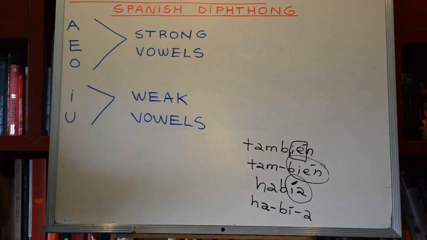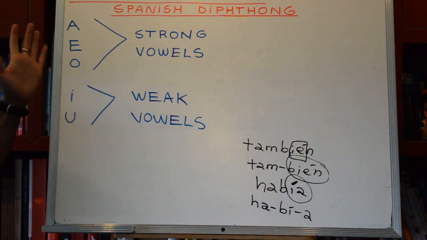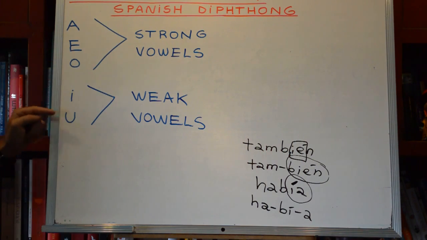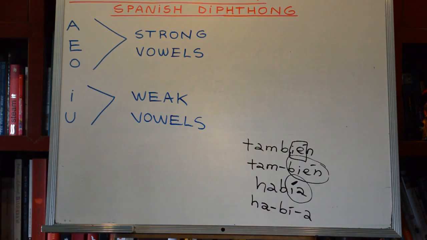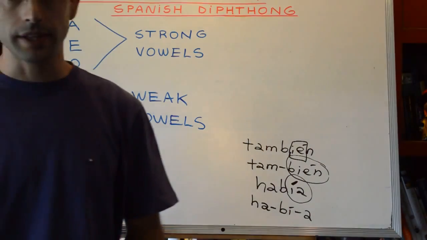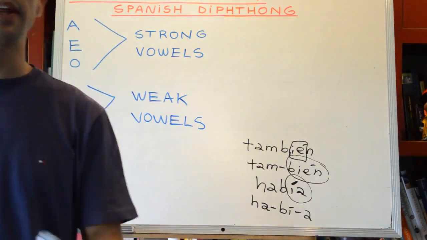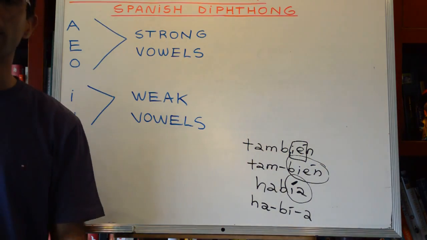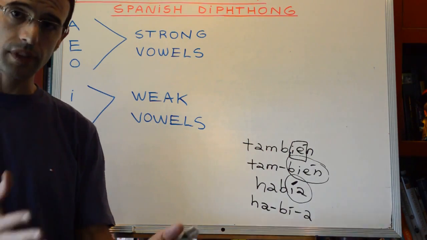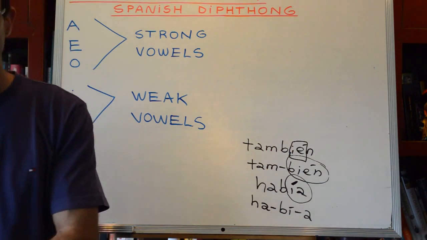Bien, tenemos 5 vocales. We have 5 vowels: A, E, I, O, U. Las vocales se dividen en fuertes y débiles. Vowels are separated into strong and weak.